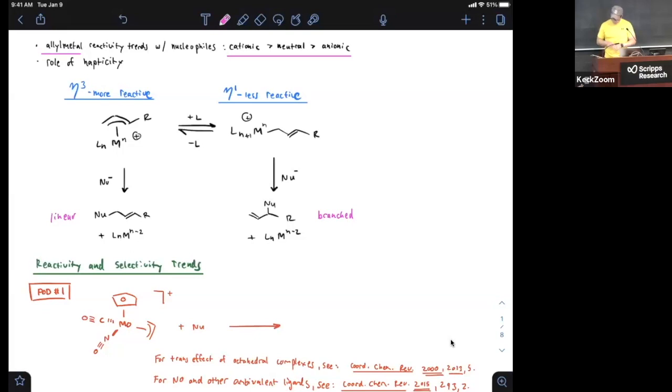So first, which organic fragment is going to get attacked? And then if there are multiple possible products, which will you favor?